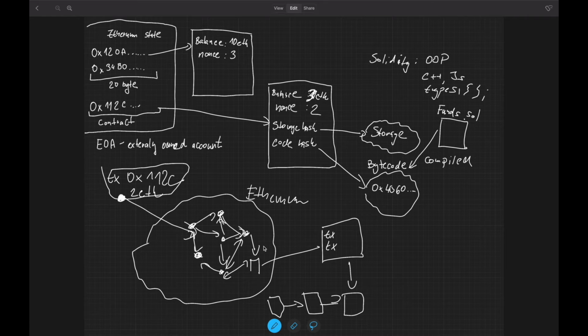I think currently the miner will get 3 ether as the reward, but this can depend and this can also change. Okay, so that's the incentive of a miner to be a miner, to participate in the Ethereum network, to get some rewards for mining the transactions.